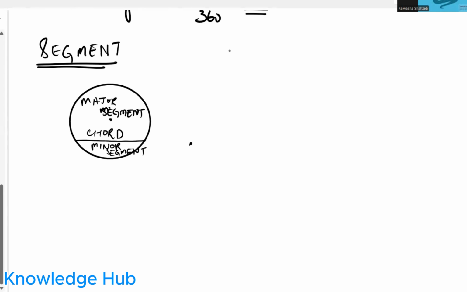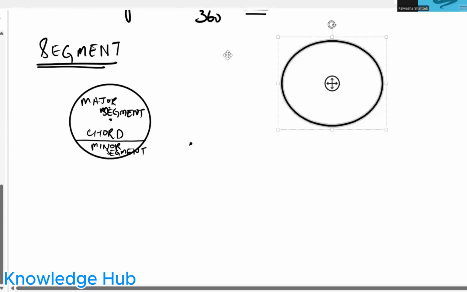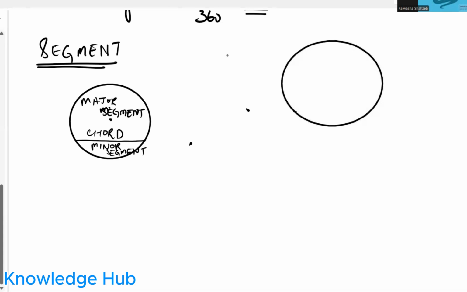Let us discuss just one general example. So this is a question that comes in the paper. Let me just draw it first. In the exam, question comes like this. This is a circle, right? This is the center.